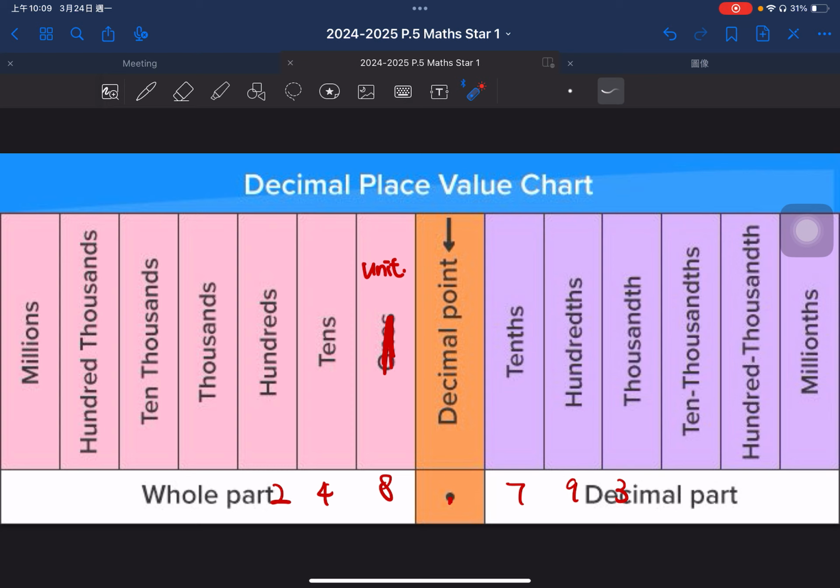Their place values are 0.7, 0.09, and 0.003, in decimal. Very important, so bear in mind these numbers. If you can't remember, just think about going backward and start from the 10th place, 100th place, and 1000th place.